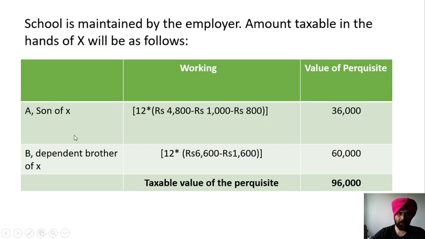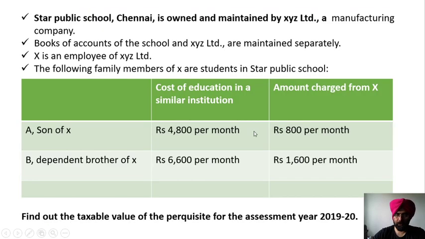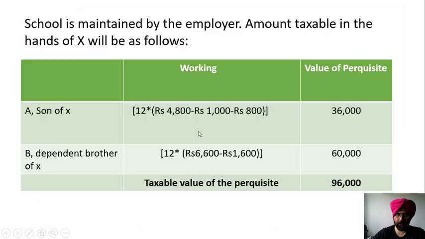Here Mr. A is the son of X, and X is the employee of the company. So in this case 1,000 rupees will be deducted from this amount, because there is a deduction available for a child, and 800 rupees per month was recovered from the employee. So 800 is recovered and 1,000 is allowed by the government. The balance amount for 12 months will be 36,000.